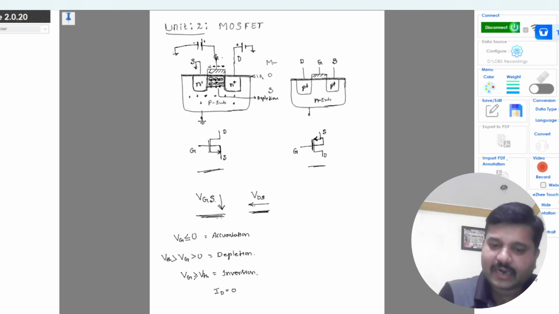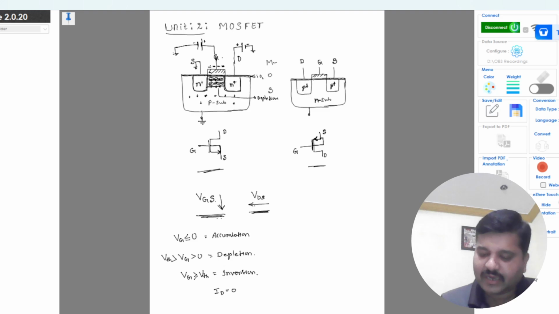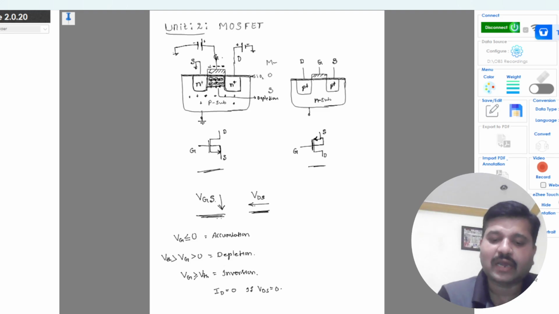So the drain is at higher potential. Here ID will be 0 if VDS is 0, because even though we have electrons over here, there is no difference between these two terminals, drain and source, and hence there will be no current flowing in this channel.